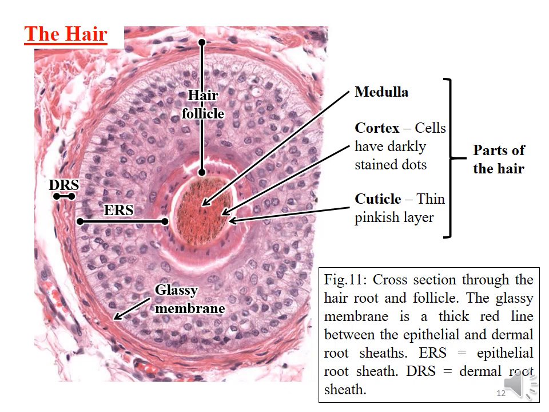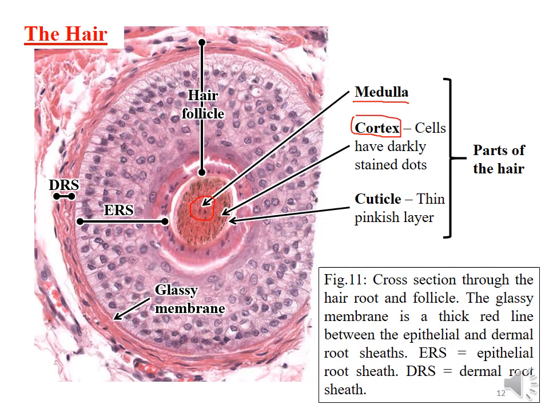Now, the hair. This is a cross section through a hair root, and if you look at the parts of the hair, in the exact middle, in this region here, we have the medulla. The medulla is surrounded by the cortex. The cortex is formed of cells that have darkly stained dots.